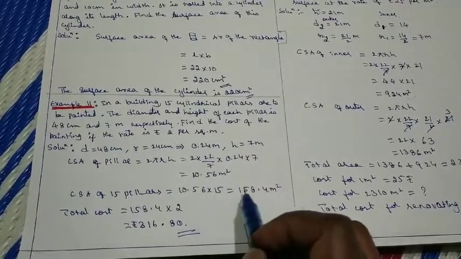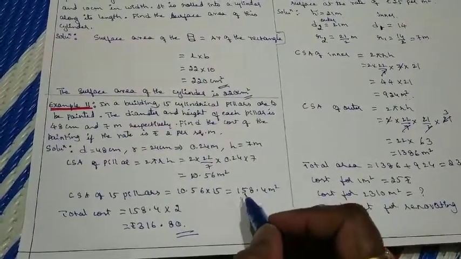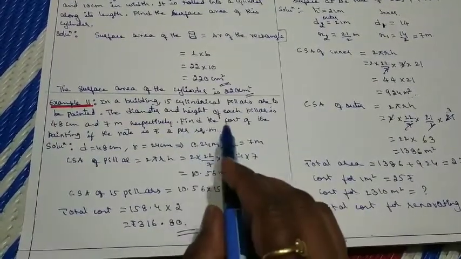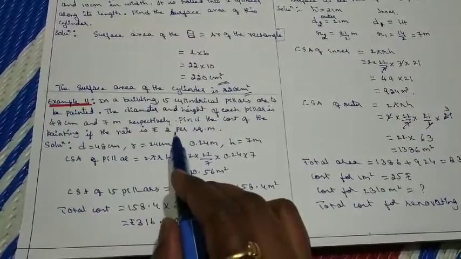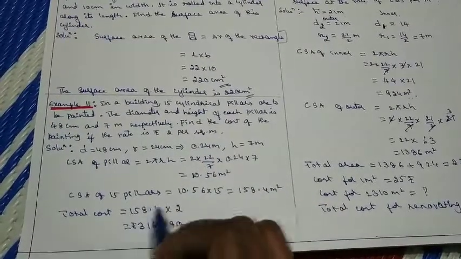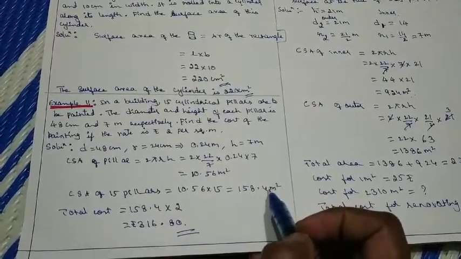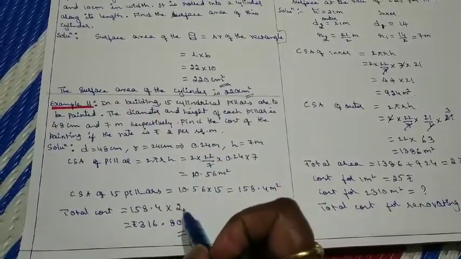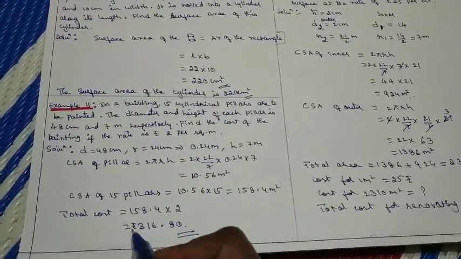So we get CSA of 15 pillars as 158.4 meter square. And he is asking to find the cost of painting. Therefore total cost equals 158.4 into 2, since for 1 meter square the cost is 2 rupees. Therefore multiply it by 2, we'll get rupees 316.80.